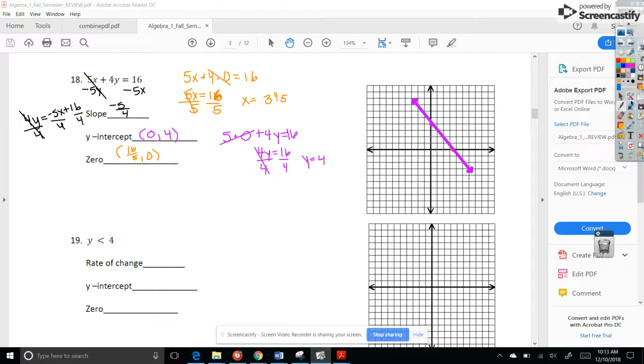And I see this same y-intercept right here of 16/4, which is 4. Okay, let's check this out. So does my line go down 5/4? 1, 2, 3, 4, 5. 1, 2, 3, 4. Looks perfect.